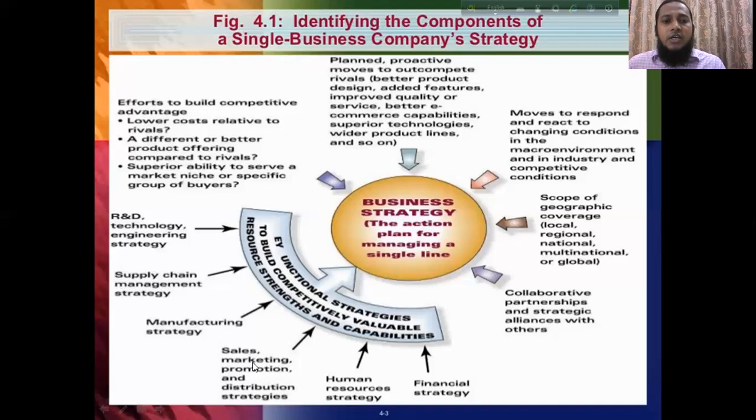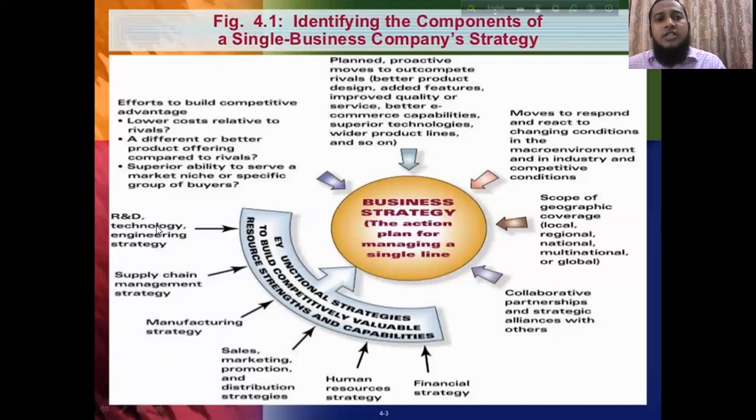And with the help of marketing strategy, a company will be able to make a profitable customer relationship by offering quality products at reasonable price, as well as providing consistent customer service. In manufacturing strategy, a company always ensures from where they can easily collect raw materials at minimum costs, and how they can reduce wastage of raw materials, and how they can reduce inventory costs, and so on.